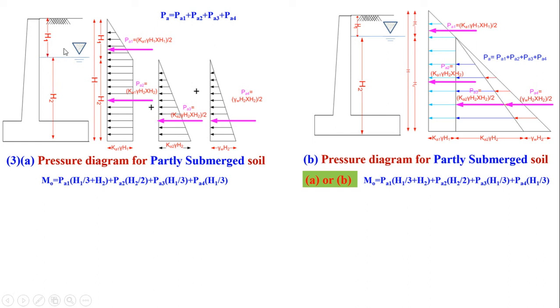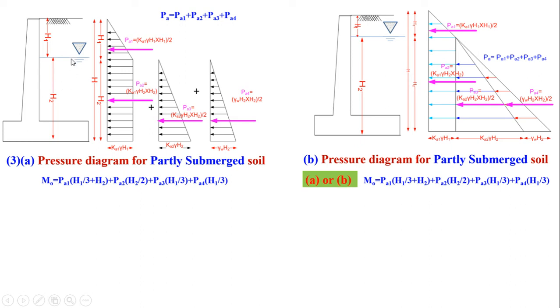Okay, so to draw the pressure distribution for this, we are going to divide this backfill soil into 3 zones. One is the soil above the water level. Second, the pressure distribution diagram for the soil below the water level, and third, the pressure distribution diagram for water.